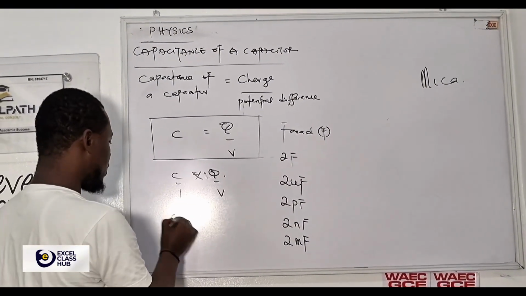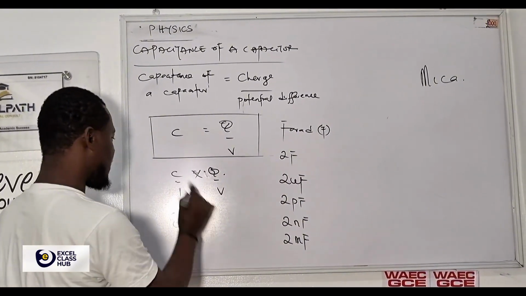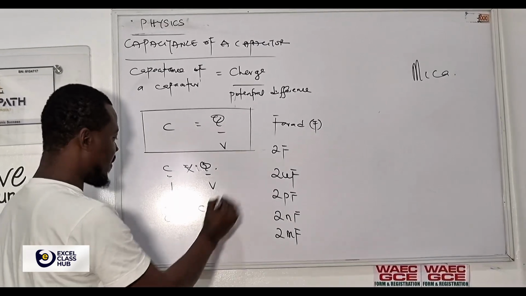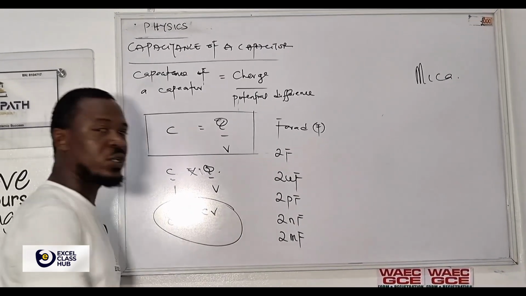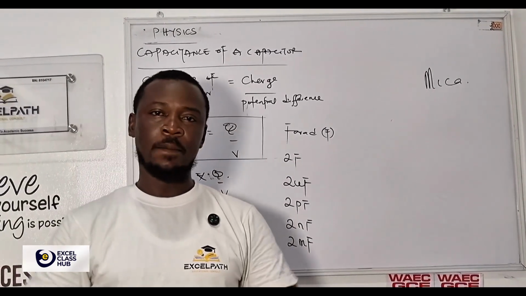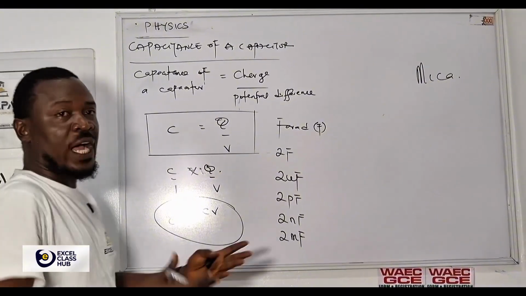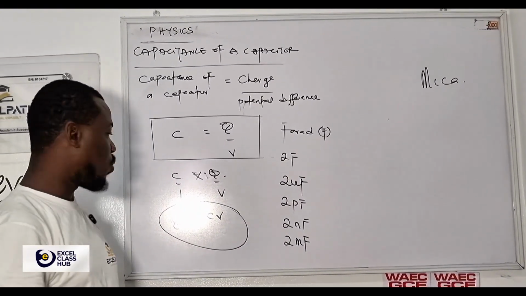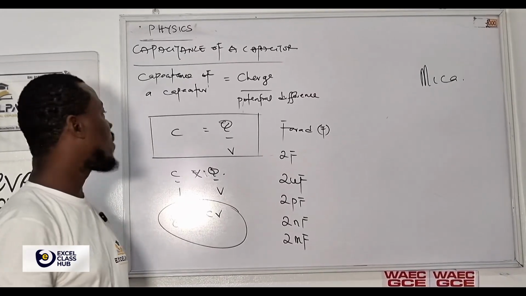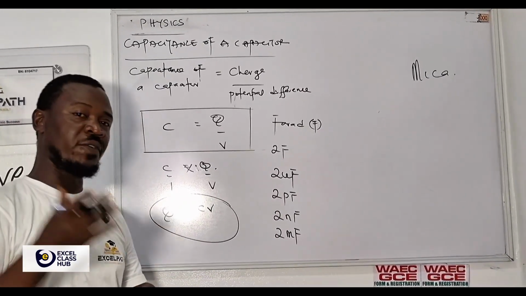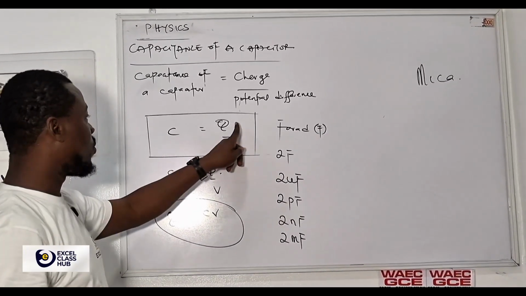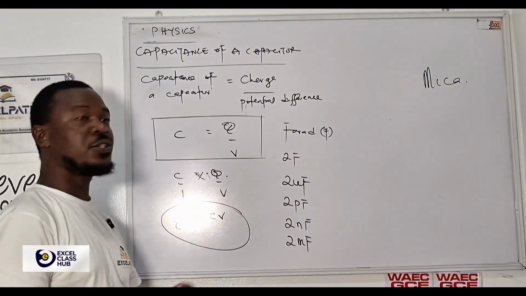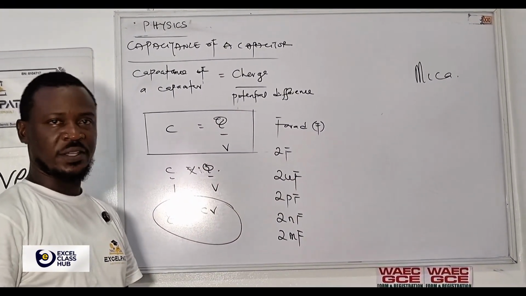Q times 1 will be Q, and C times V will be CV. So this is your formula to calculate the charge between the plates. If you're asked to calculate the charge between the plates, you use Q equals CV. But if you're asked to calculate the capacitance of a capacitor, it is charge per unit potential difference.